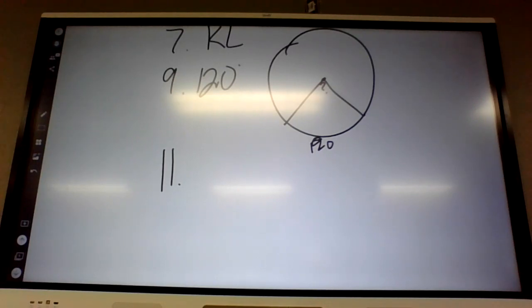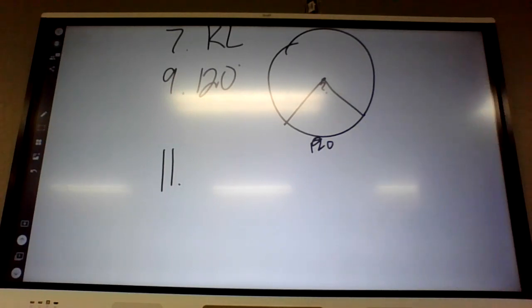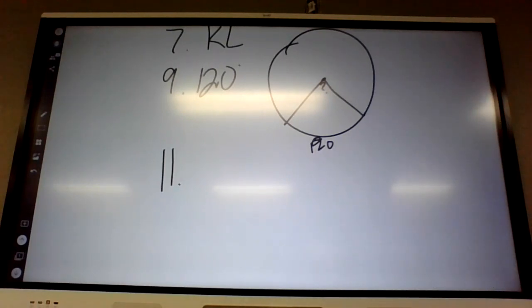Let's say the center point is M for middle. So if FMB is 135 degrees, then EMC is 135 degrees. You guys see what I'm looking at? If FMB, F middle B, is 135 degrees, then E middle C is 135.